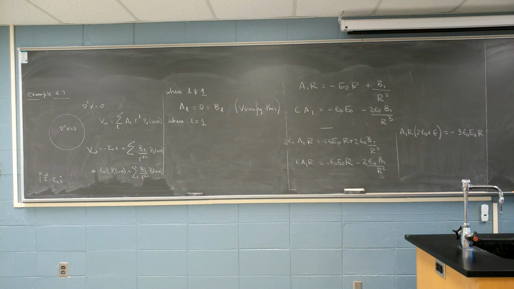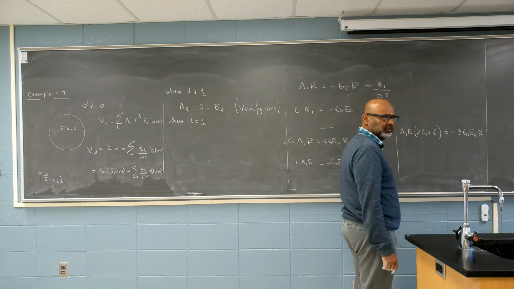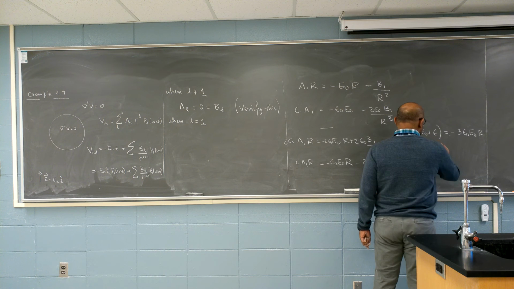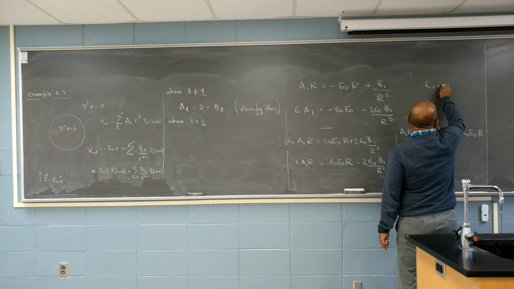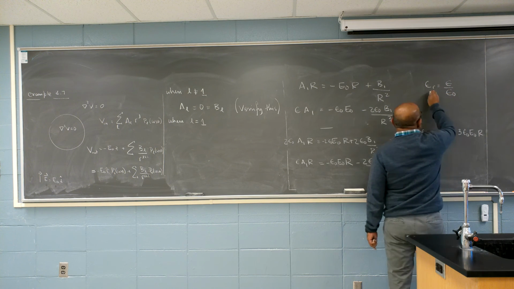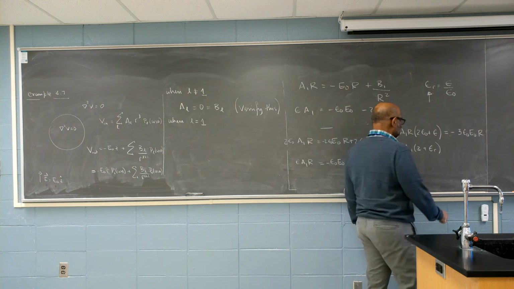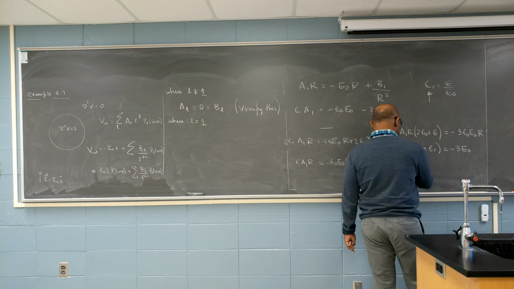Solving for A1, I'm going to divide every term by epsilon naught. So I have A1 times 2 plus the dielectric constant R. It is correct. Remember, the dielectric constant.